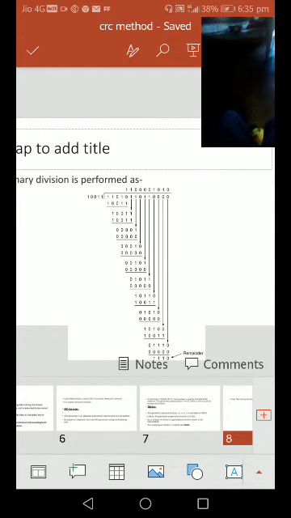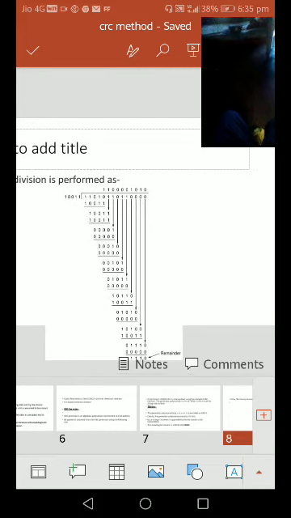The exclusive OR operation: 0 plus 1 is equal to 1.